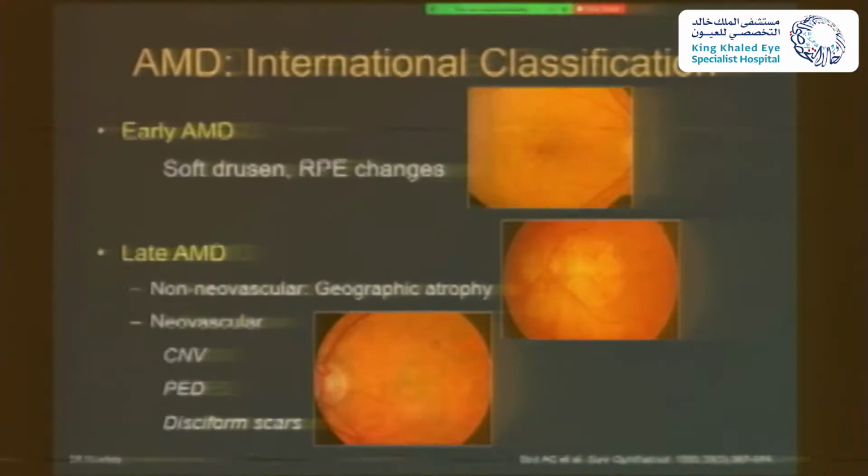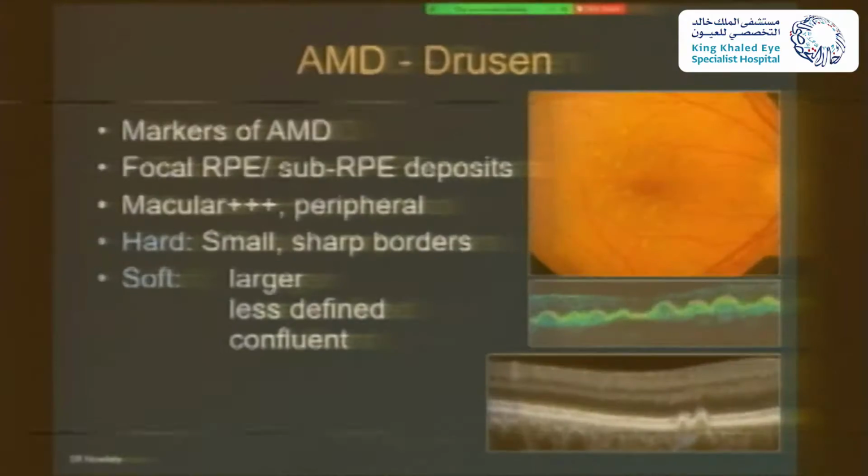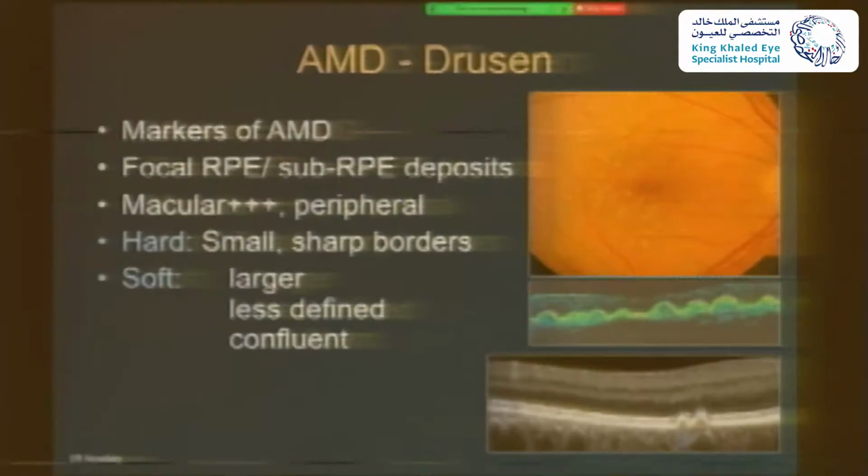But late AMD is defined by the complications or consequences of these drusen and RPE changes, meaning you can have geographic atrophy, such as we have here, or you can have neovessels, CNV, which is what we're talking about, either frank choroidal neovascularization or really large pigment epithelial detachment, and of course the scarring, which is the end result.